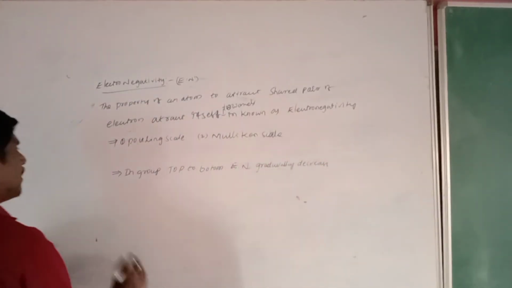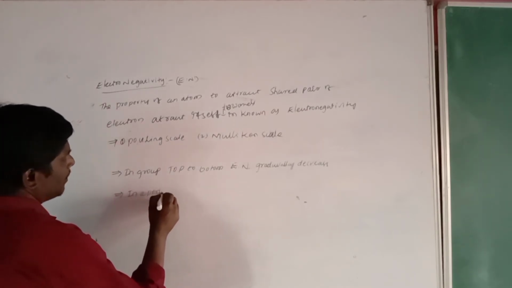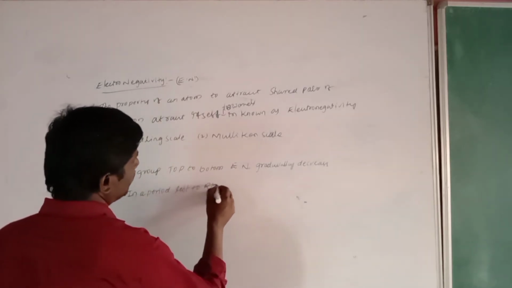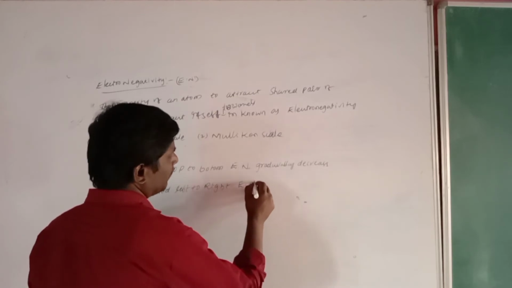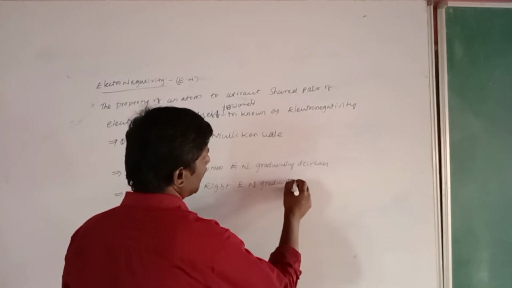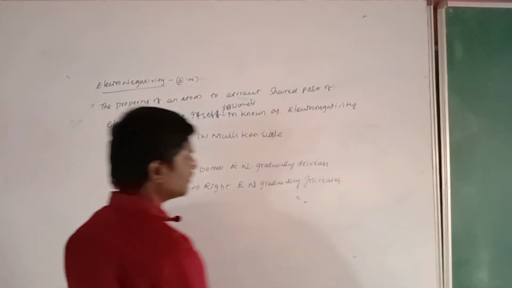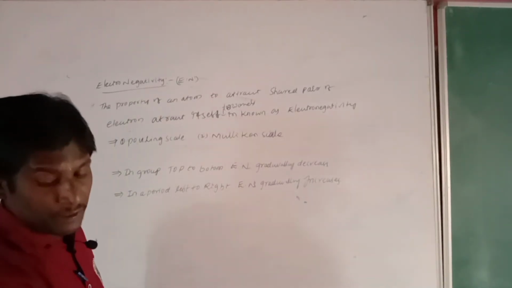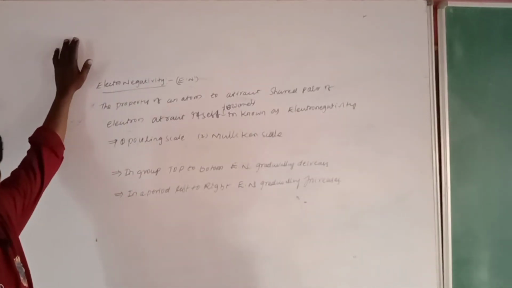In a period, left to right, electronegativity gradually increases. This is about electronegativity. Electronegativity is completed, and electron affinity is also completed.